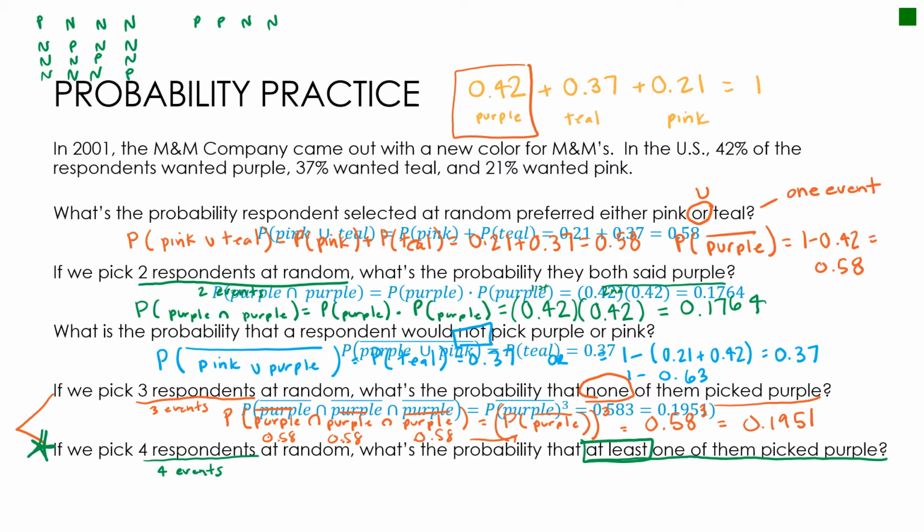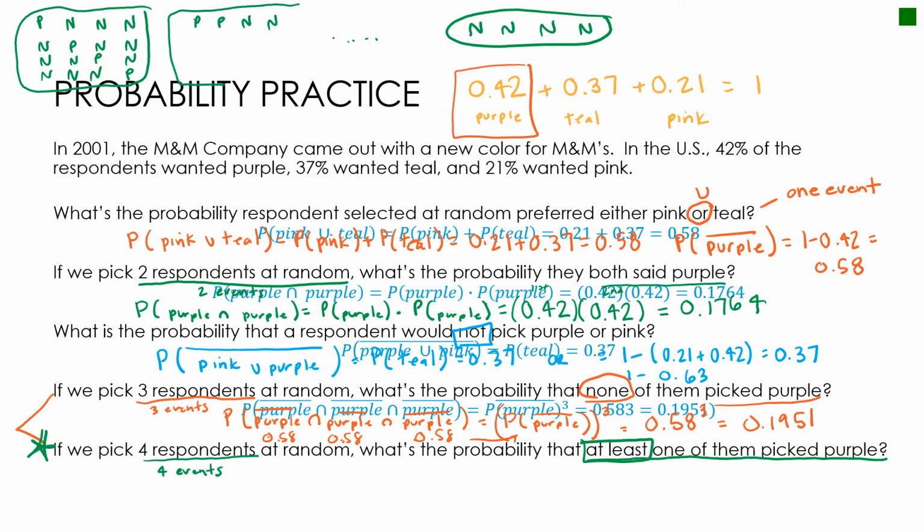So instead what I'm going to do is find the probability that nobody picked purple, which is, if I did all of these, it would be none: not, not, not, not. I want to find this probability because in this probability, at least 1 did pick purple. And if I continued my list with 2s, someone did pick purple.